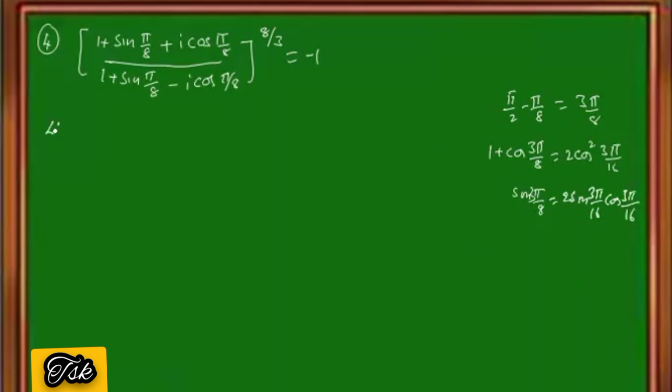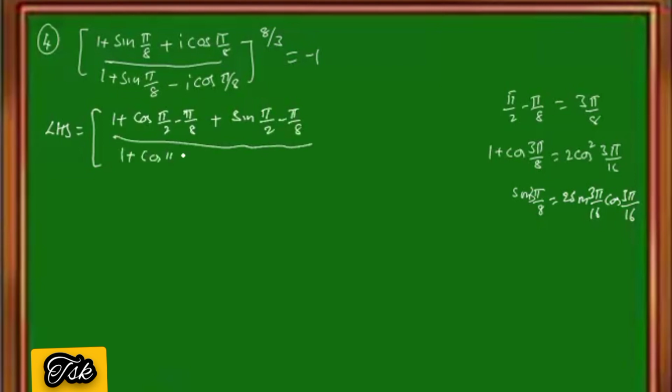Let us take the LHS. This sin pi by 8 can be written as cos of pi by 2 minus pi by 8, so 1 plus cos of pi by 2 minus pi by 8 plus i sin of pi by 2 minus pi by 8, divided by 1 plus cos of pi by 2 minus pi by 8 minus i sin of pi by 2 minus pi by 8.